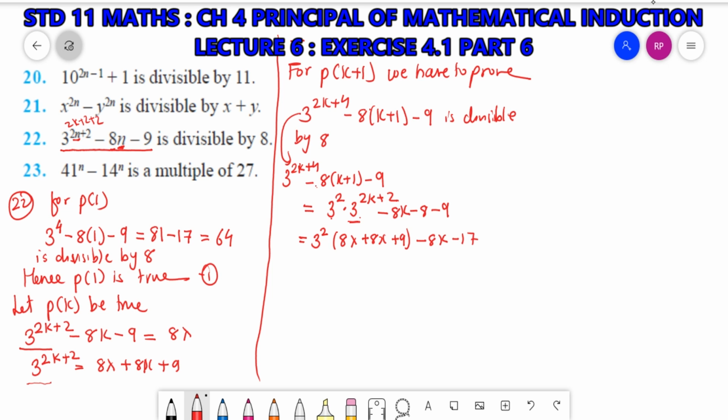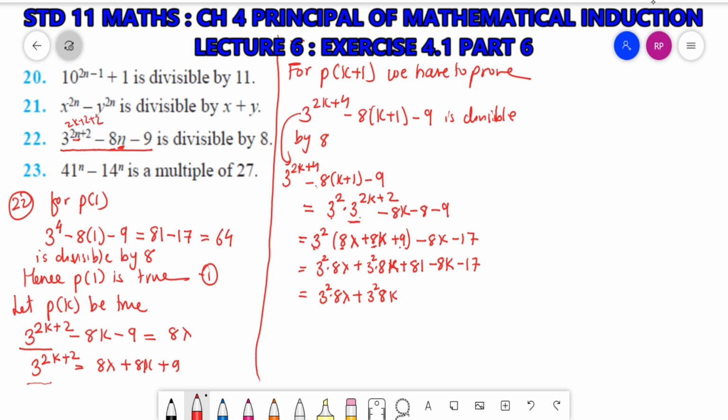So this will be equal to, now let's multiply: 3 square into 8 lambda plus 3 square into 8k. See, I'm not multiplying because I want this 8, finally I will take 8 common. Plus, now 3 square, that is 9 into 9, 81, minus 8k minus 17. So 3 square into 8 lambda, 3 square into 8k. Sorry, it's not x, it's k.